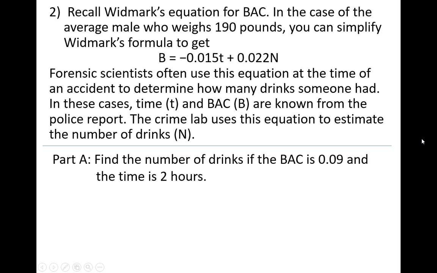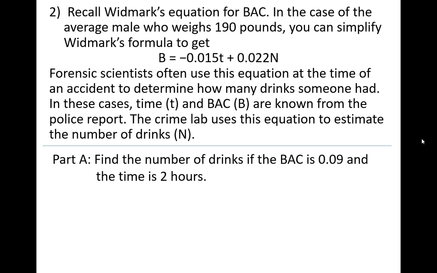It says, recall Widmark's equation for blood alcohol content. In the case of the average male who weighs 190 pounds, you can simplify Widmark's formula to get B equals negative 0.015 T, where T is the time since the first drink, plus 0.022 N, where N is the number of drinks.